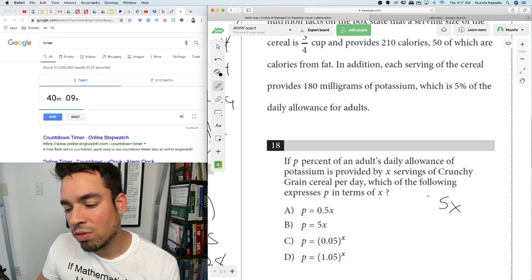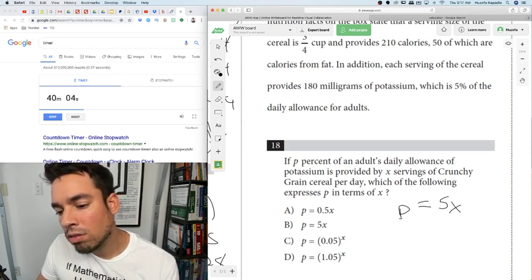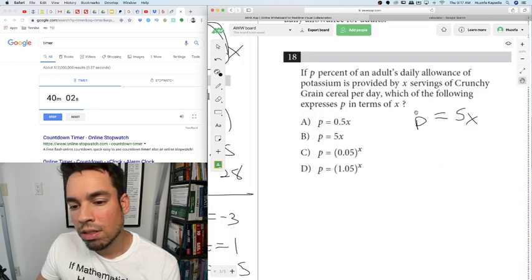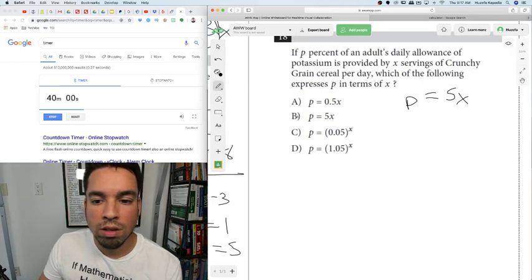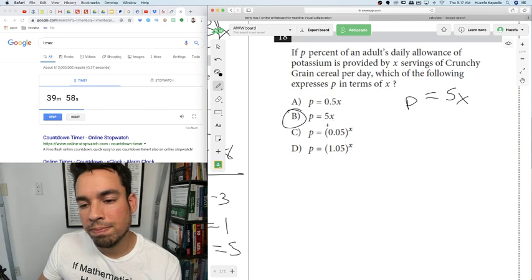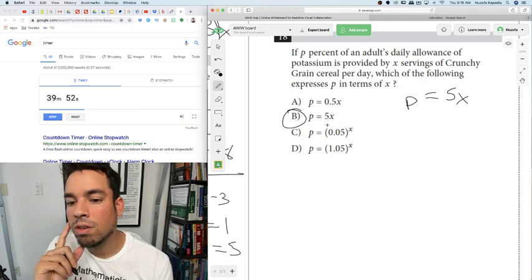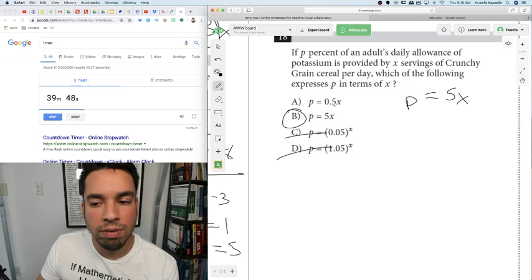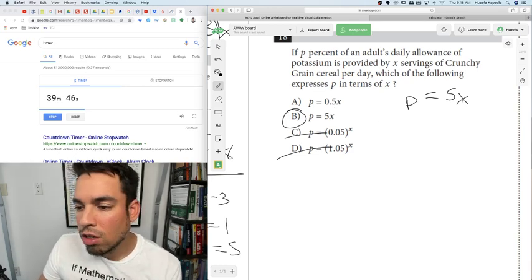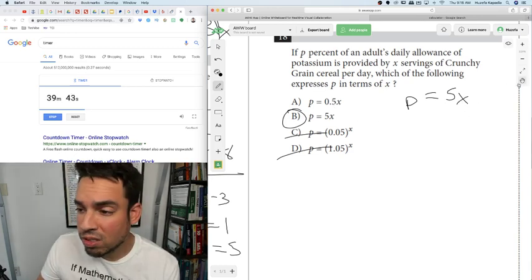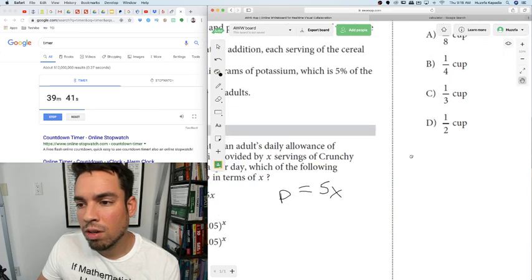So if X is the number of servings, and there's P, it's literally P equals 5X. Yeah, that's it. Hold on. Yeah, these are totally wrong. I was just thinking, is it 0.05, but it's not, because it wants it in percentage. So if I do 10 servings, I'm hitting 50% of my daily potassium.